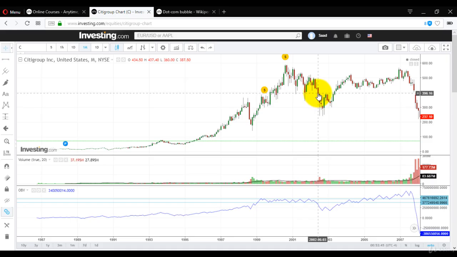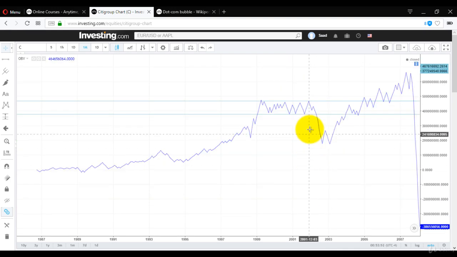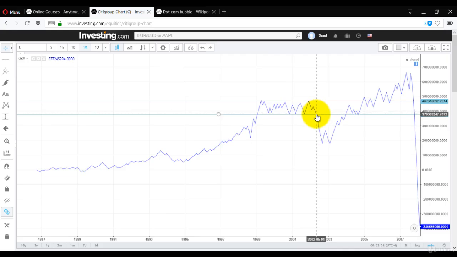See? In June, once everyone had sold here, let me make it big. This is the lowest number. This is 3772, and this is 3800. This is 3820. This is 3803. So right here, it had broken all the lows.